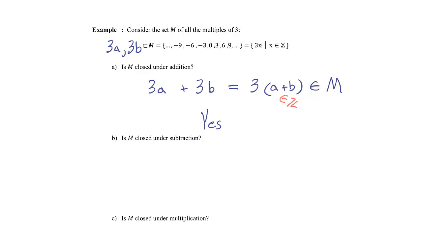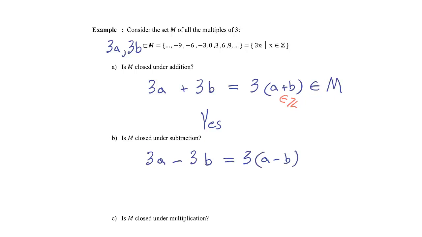What about subtraction? Again, you can take some examples with subtraction. 6 minus 3 is 3. 9 minus -3 is positive 12. These examples seem to give us another number that's back in the set. Let's try a very similar idea. Take 3a and subtract from 3b and see what happens. Again, you can factor out the 3.